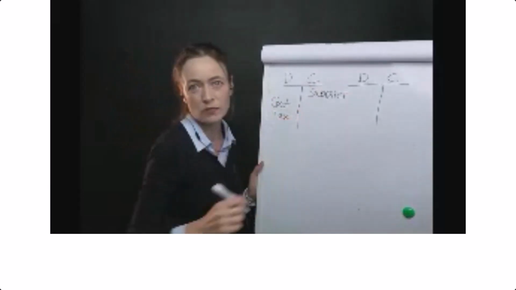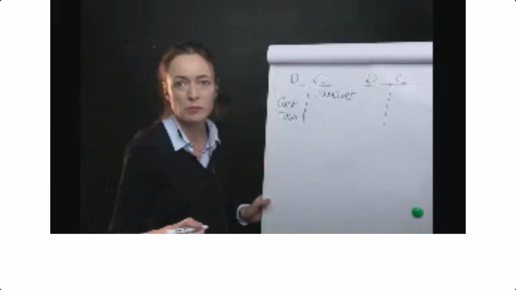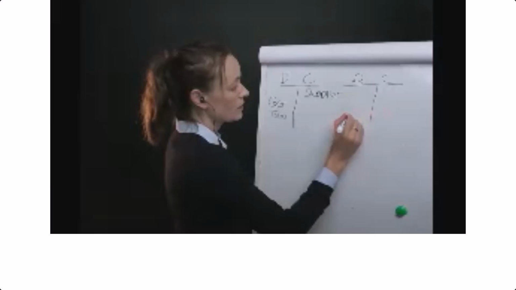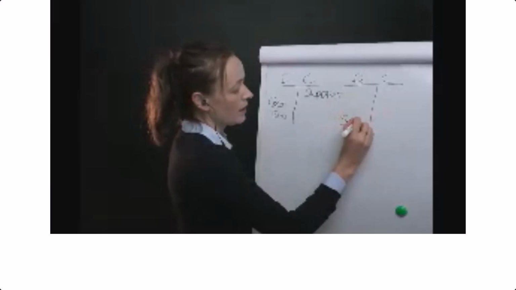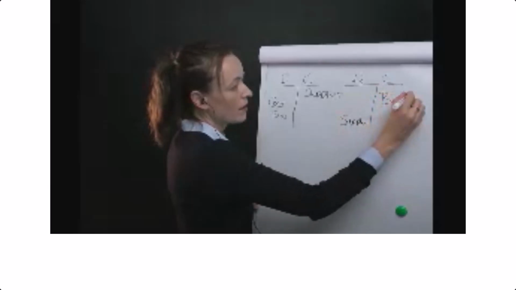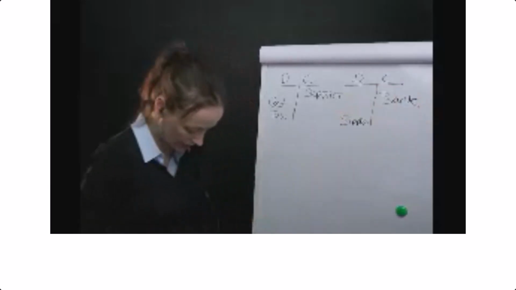That's my supplier invoice. And then when I'm going to pay my supplier, I'm going to debit the supplier, and then credit the bank. And this over here is going to be my bank out. This is when I'm actually paying the supplier.